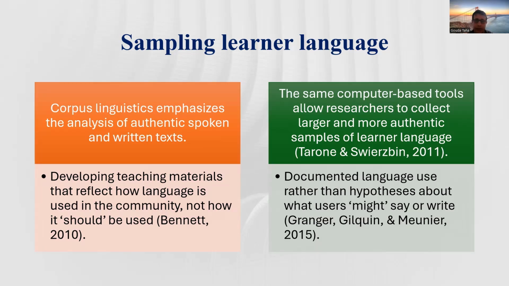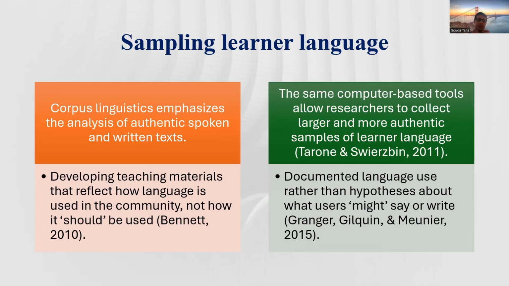And also, sampling learner language. One of the things that helps us understand more about the nature of the second language learner is if we can analyze authentic speech, not artificial ones. We're listening to the second language learner, reading their writing, seeing them in intercultural communication.